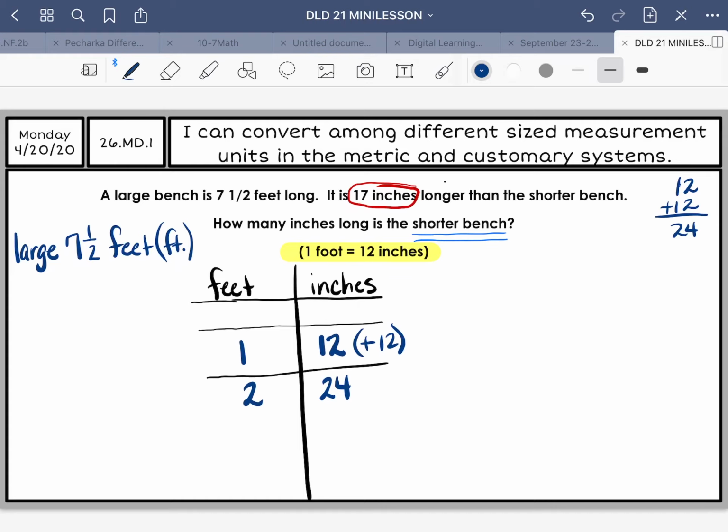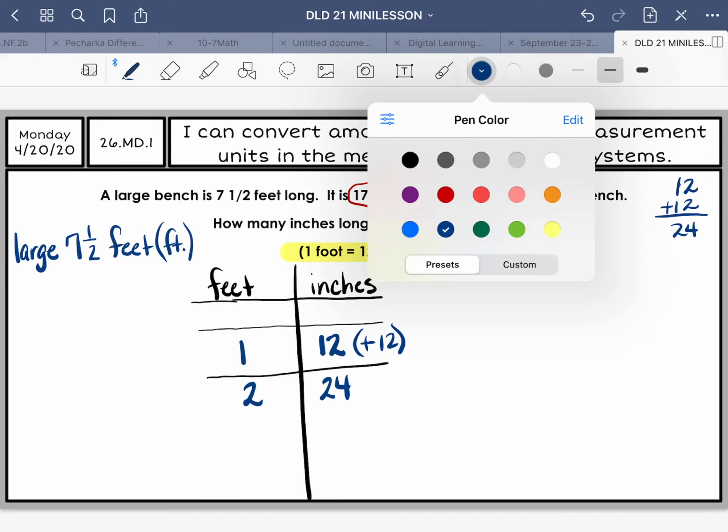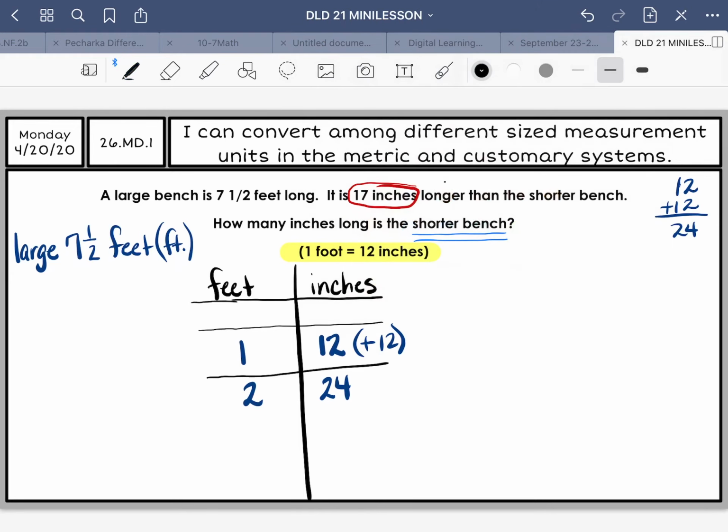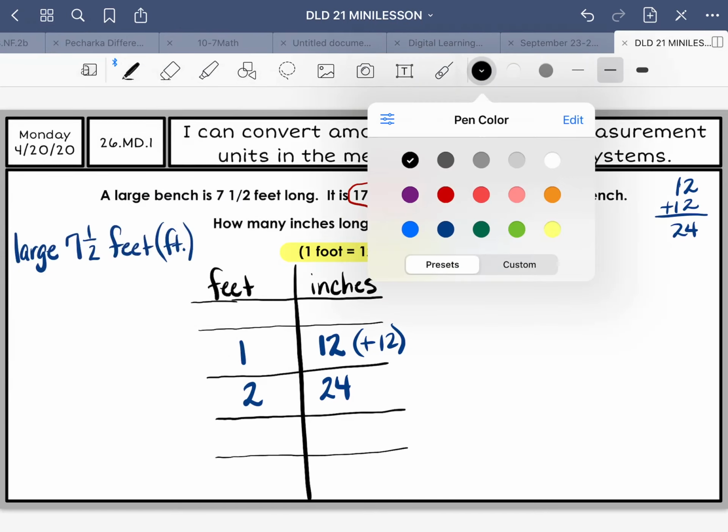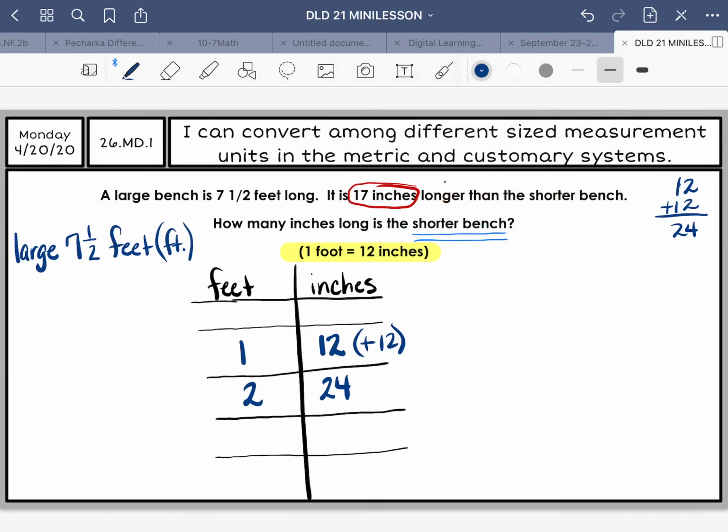Now let's see. Let's go back to our chart. I'm going to draw another line here and another line here. All right. What if I have 3 feet?